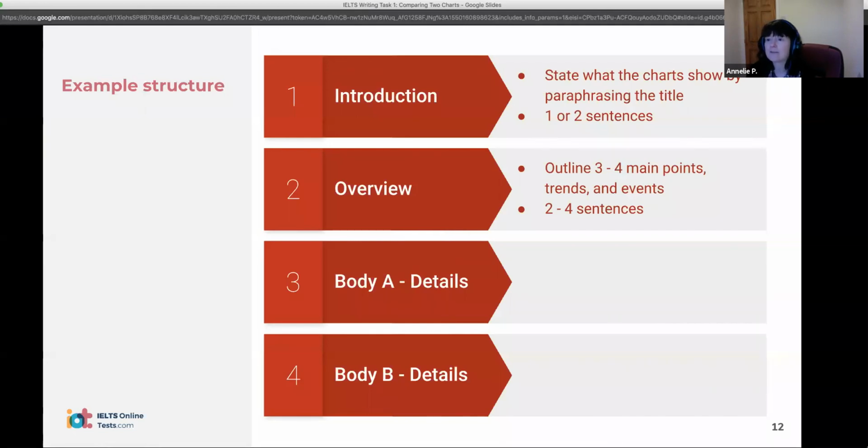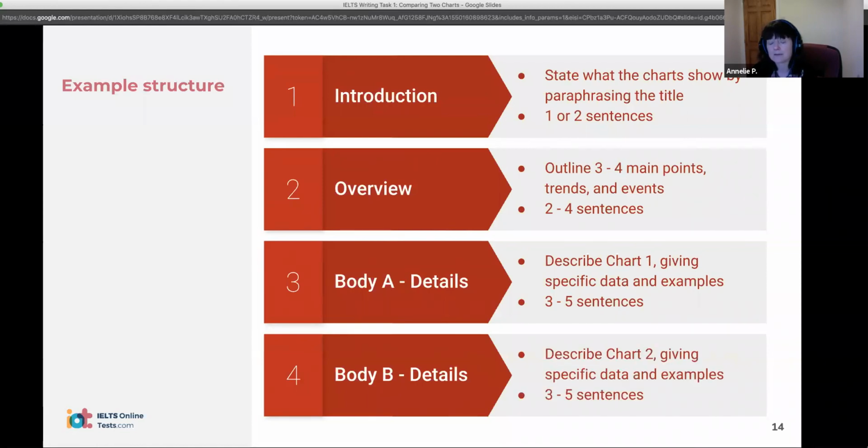So figures, facts, exact data in the body, very specific, and maybe about 5 sentences in each one. You must put exact figures in the body. So you're using the language to describe what's happening, but you also need to use the figures as well. Maybe not all of them, but you definitely need to include figures. It's specific information.